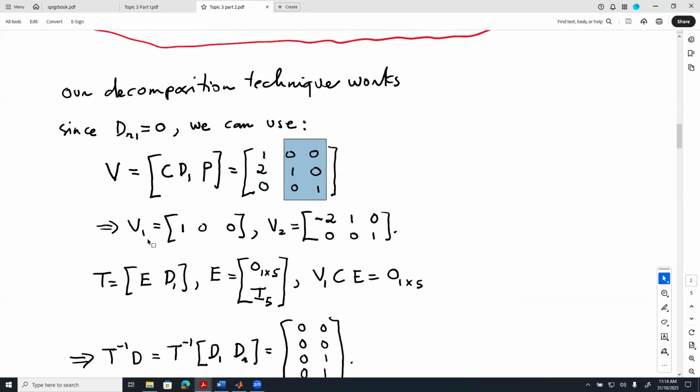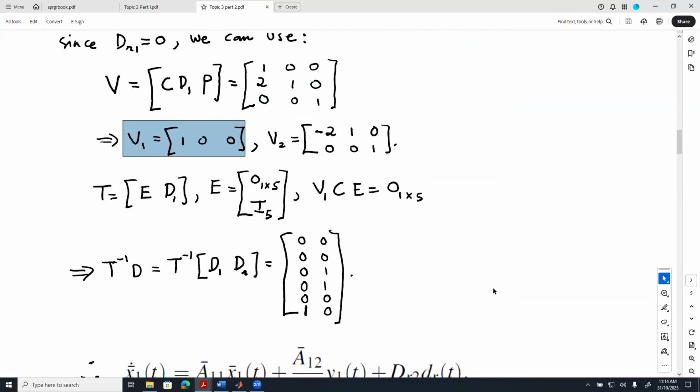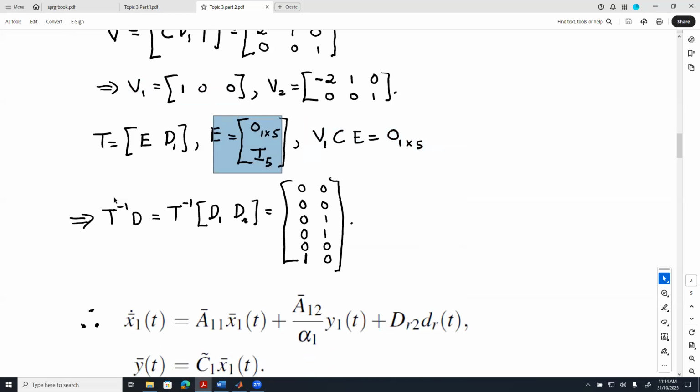With that, it allows us to select the first derivative of output measurement number 1, and also the rest of the requirements, like this condition, hold true if we pick the matrix E according to that. And then when we do the inverse of T times D, have a look at this last row in here. There you go, this bit here is 0.